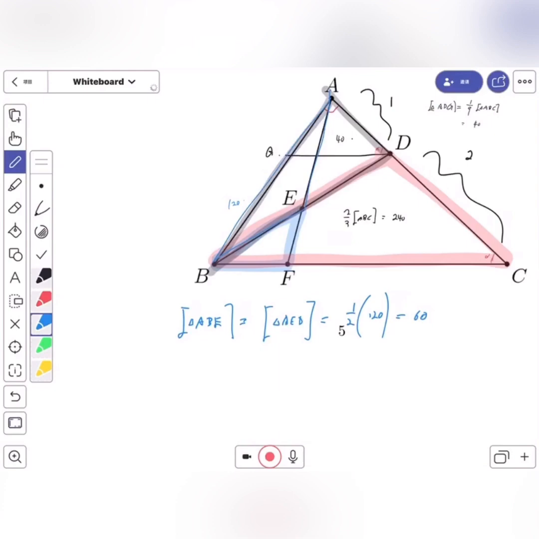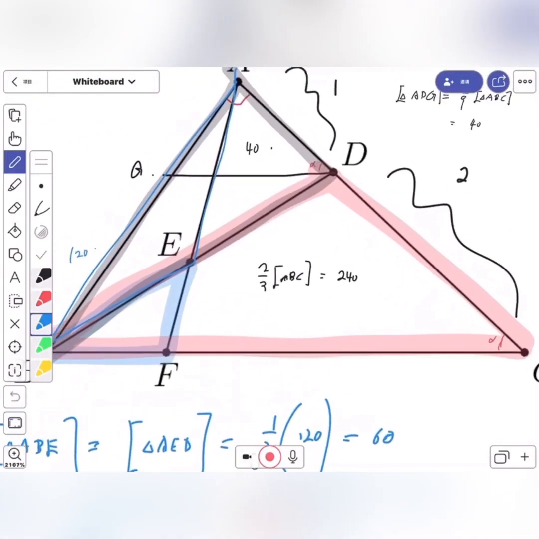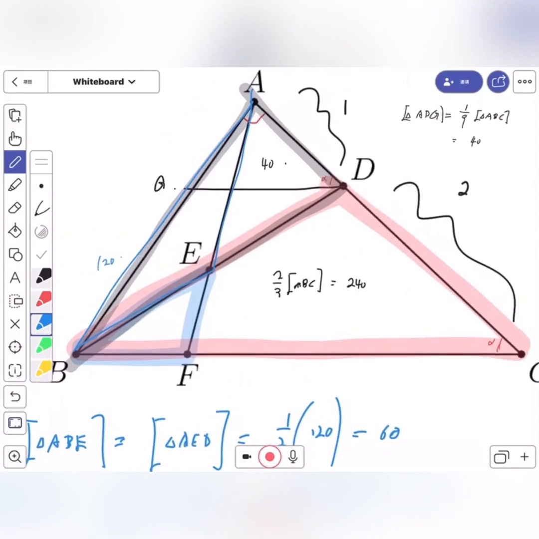And now at the end, can we try to find the area of ABF? Yeah, that started to become a little bit confusing.